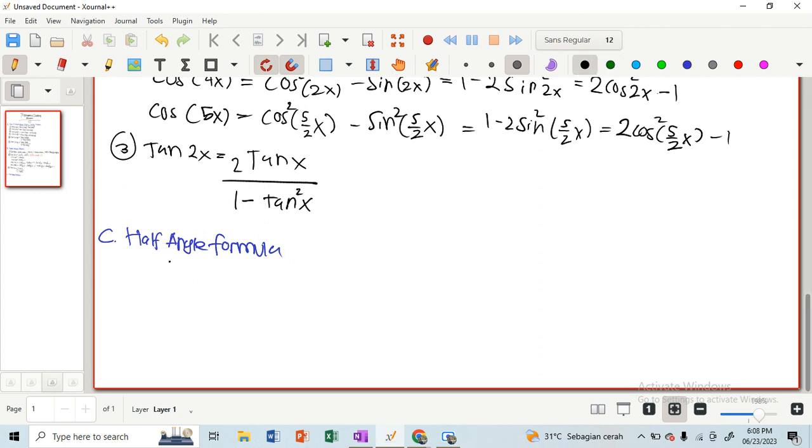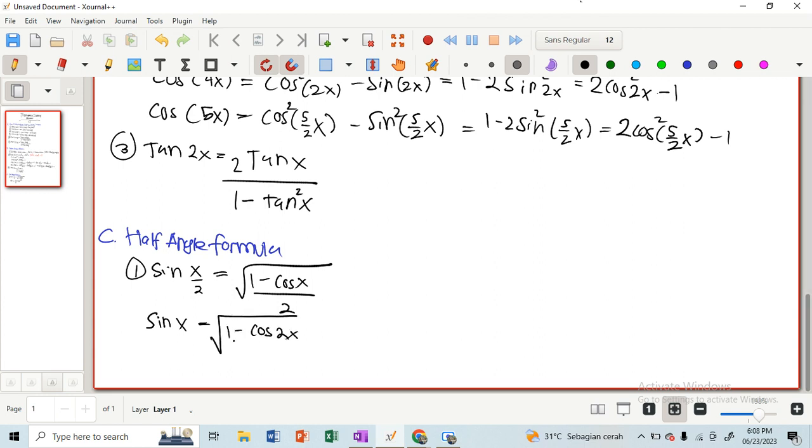For example, the most basic fundamental formula is the sine of x divided by 2, which is equal to the root of 1 minus cosine of x divided by 2. But you can modify this formula into sine of x is equal to the root of 1 minus cosine 2x divided by 2. So you see the pattern here, that you could change the formula based on the circumstances that you have.